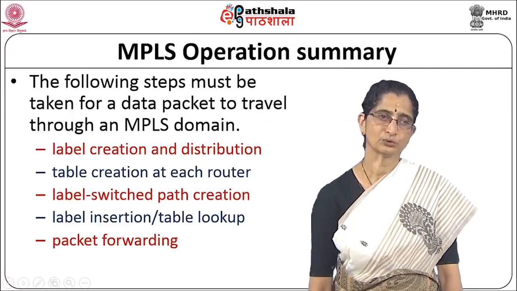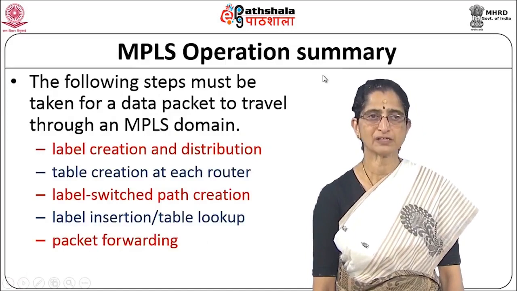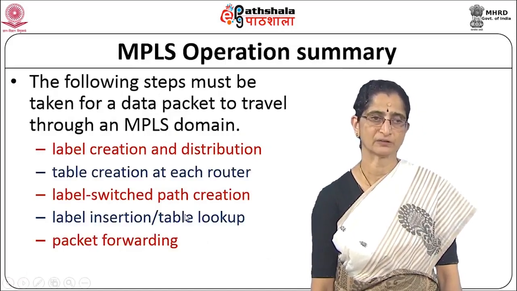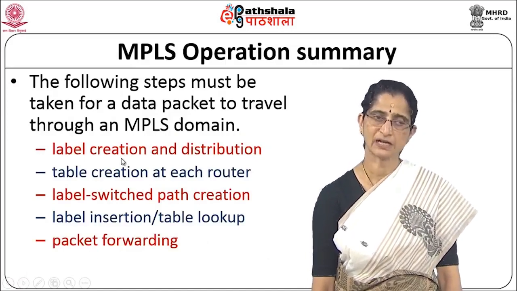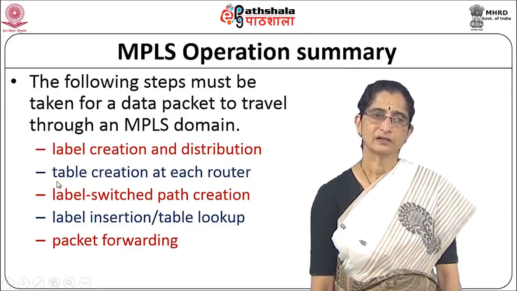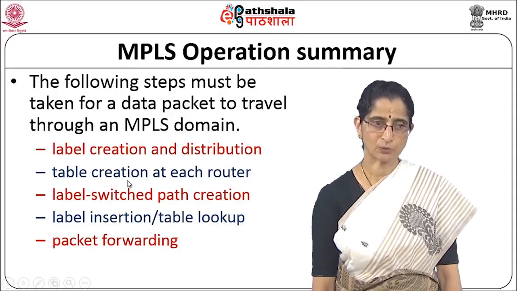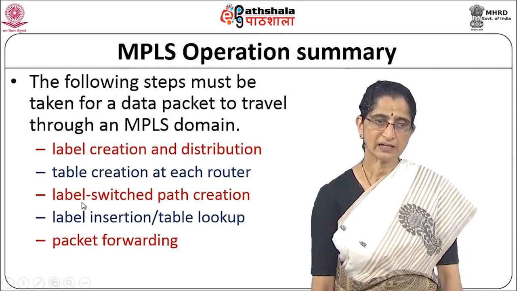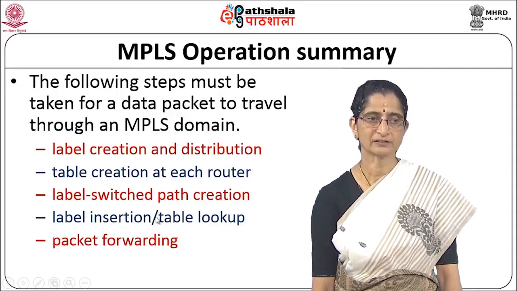Okay. So operationally, for MPLS to work, the following things will have to be done. First, you will have to create labels and distribute them. That will help to set up the LSPs. Then table creation has to happen at each router. And then a label switched path will have to be created.